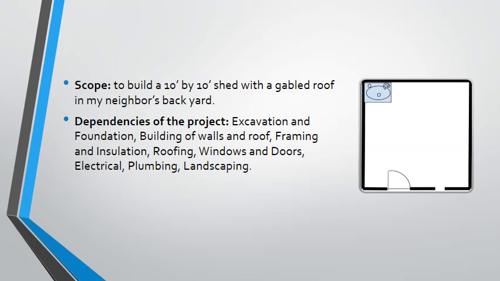Another aspect that I need to say is what tasks depend on each other, or the project's dependencies. The dependencies of this project are excavation and foundation, building of walls and roof, framing and insulation, roofing, windows and doors, electrical, plumbing, and landscaping.